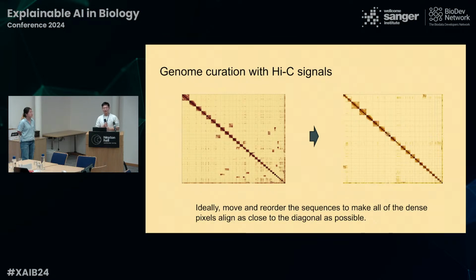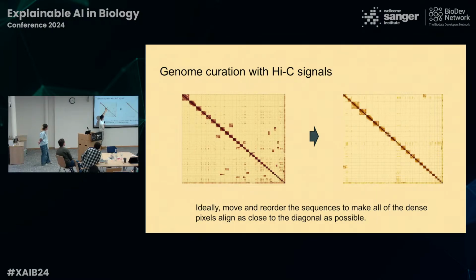So the Hi-C curation can simply be explained like this. The dense point here means that this fragment has very dense interaction with the other one. That means this fragment should be physically close to that one, so we need to move this fragment to here.